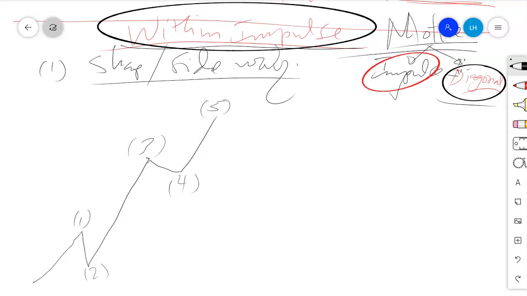So we have five wave moves. That's what we call an impulse. Why do we call this an impulse? Because mainly there's no overlap between wave number 4 and wave number 1. Usually the difference between an impulse and a diagonal is that there is no overlap between wave 4 and wave 1.